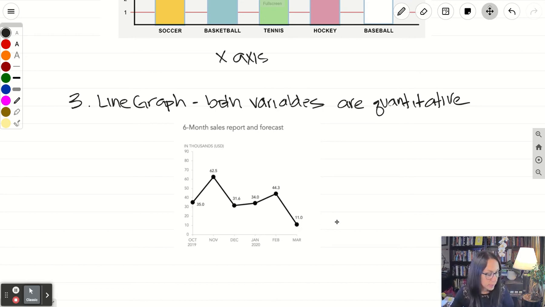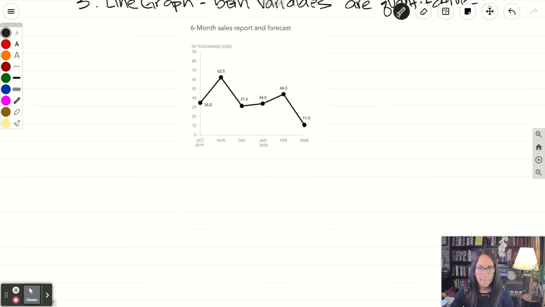Okay. The next graph is called a histogram. A histogram is used when you want to show the frequency of your data, and I'll explain.